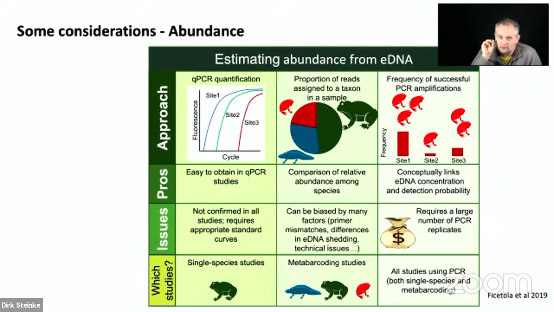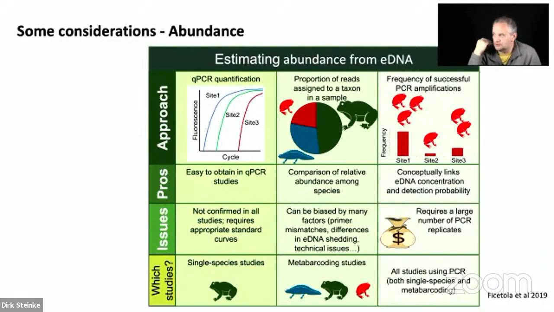We don't know it for sure for all of them, but a couple of studies showed clearly there is a potential to get very good abundance measures. They've done that for fish, where they had defined environments where they knew the abundance of the particular species, and they really looked at those assays.